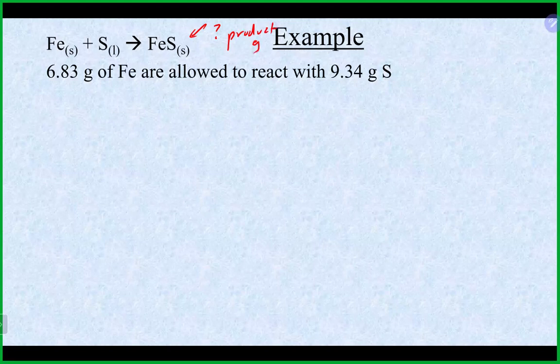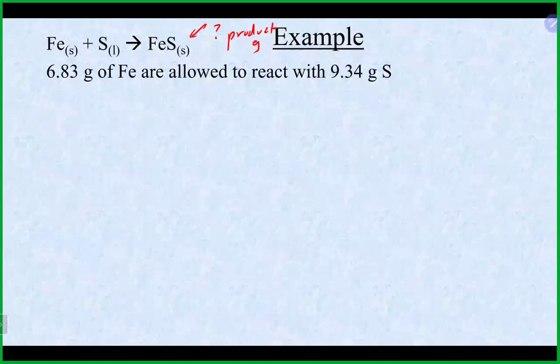Grams. So the first thing that I always want to look at when I'm doing a stoichiometry problem is, is this a limiting reagent type problem or not? That's an important thing to figure out up front. And the one thing that I see in this particular case is I do have grams of iron given to me. I do have grams of the sulfur given to me. And I do know, hopefully, that from grams, you could definitely get to moles, right?